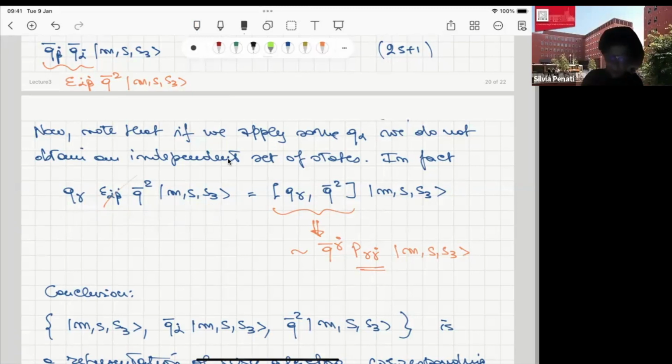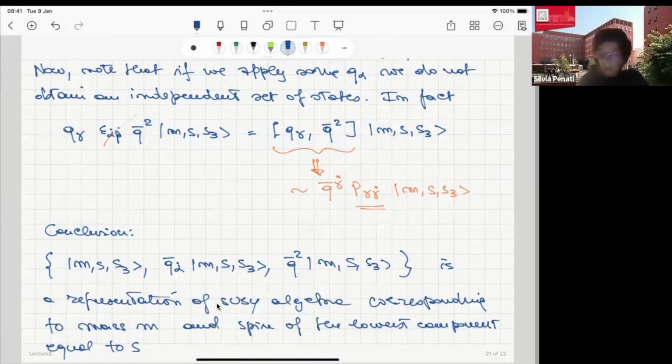When you start applying many Qs, either you get directly 0, or you can always trade your long list of Qs in terms of a smaller number of Qs times some momentum, because we are basically exploiting the Q bar equal to P identity from the original algebra.